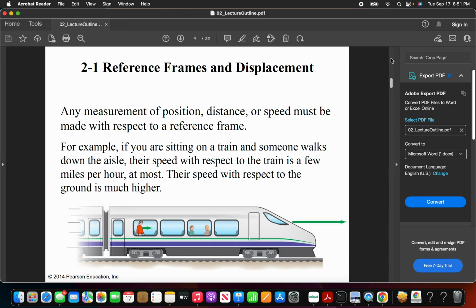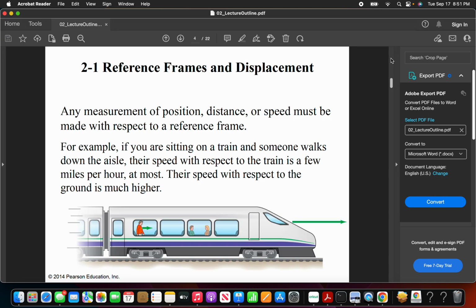Why? Because again, I'm standing on the ground, so my reference frame is with respect to the Earth. Okay, and so the reference frame of the 2 individuals sitting down is with respect to the train.